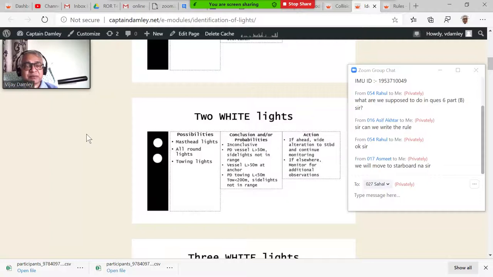But if it happens to be a masthead light, then I have been very specifically told by Rule 15 that each shall alter course to starboard. So I must go to starboard. Since I am not sure, my best answer is going to starboard, because in case it is a masthead light, I am doing the right thing. If it is the stern light, this is one of my options, go to port or starboard. So I have taken the starboard side option.